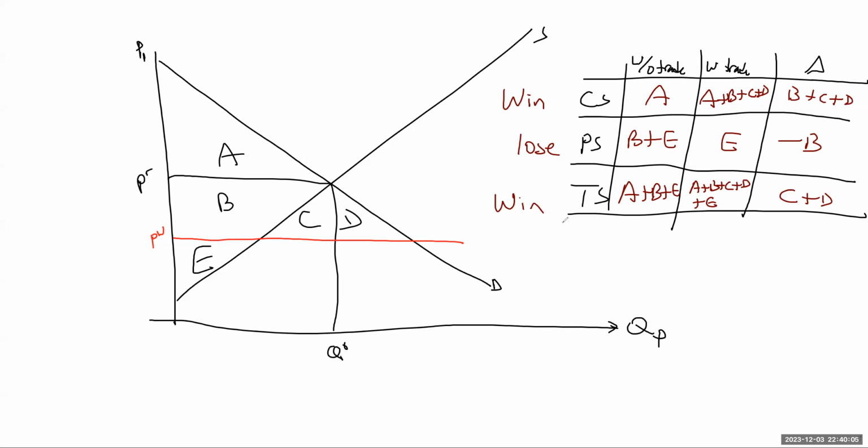When a country becomes a net importer, consumers win, domestic producers lose, because a lot of them get out of business. They cannot compete with the low prices. And overall, the economy wins. This is what happens to a country like the United States. We're a consumer-focused economy, and we gain from free trade.